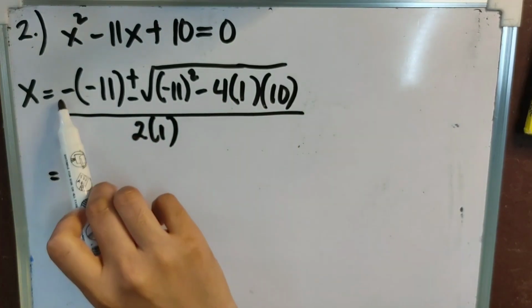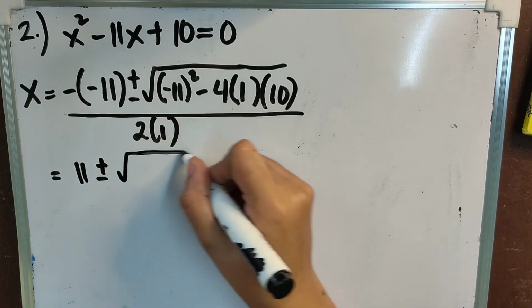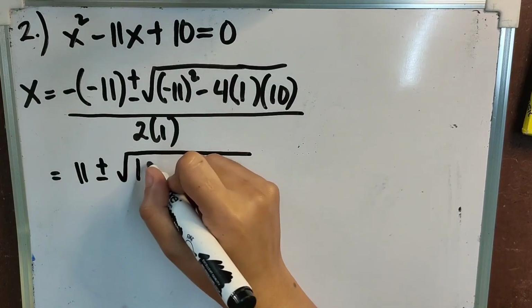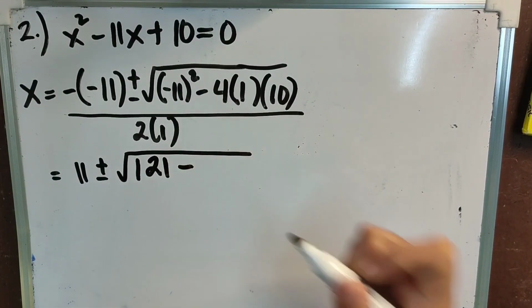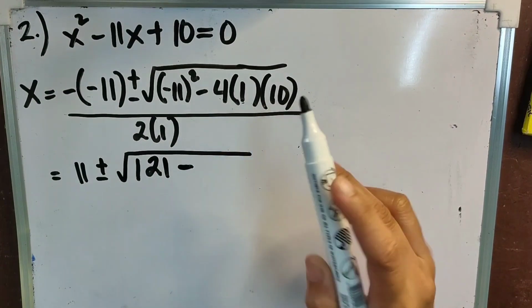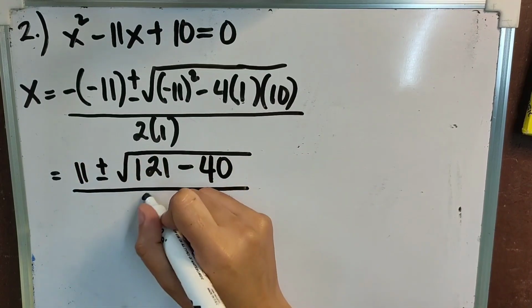Next, negative times negative, the answer is positive 11. So, negative 11 squared, the answer is 121. 4 times 1 is 4, times 10, the answer is 40 over 2.